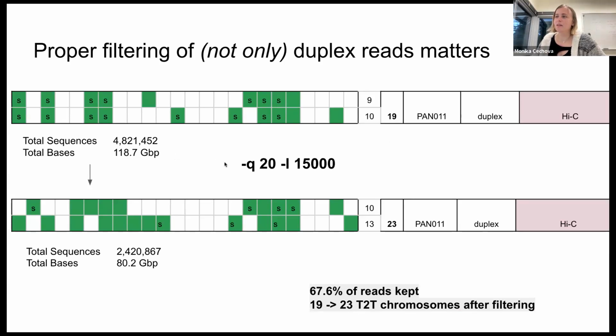But when I filtered them and removed all the reads under quality of 20 and all the reads shorter than 15 KB, I got much less data. I only got 67% of the data, but the assemblies got better. That's just to showcase that even with input reads, the way you treat those raw reads, how you filter them and quality screen them, will also make a difference. So it's not only about the algorithms, but also how you prepare your data beforehand.